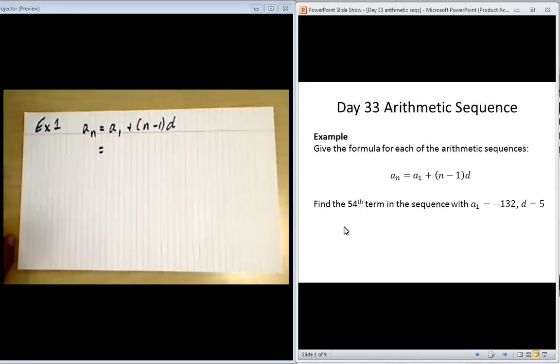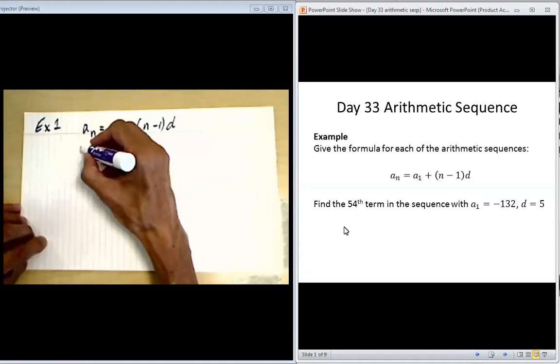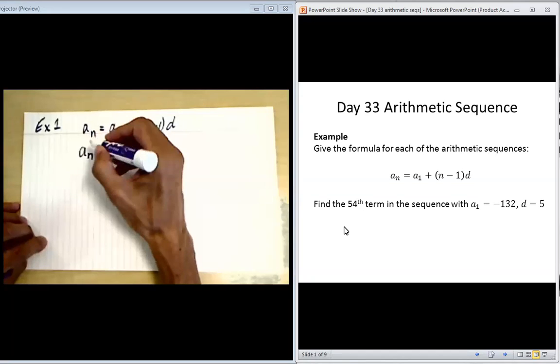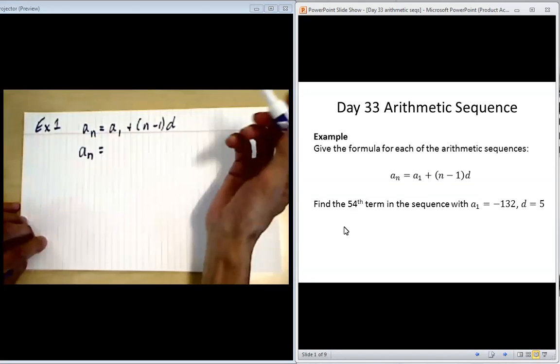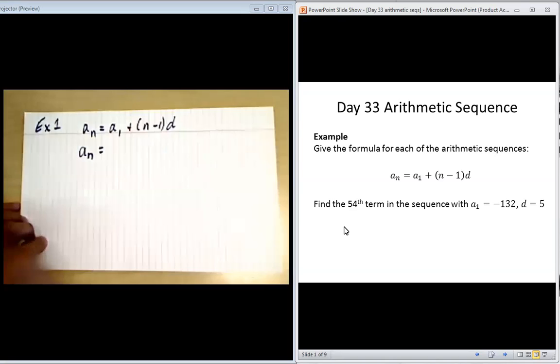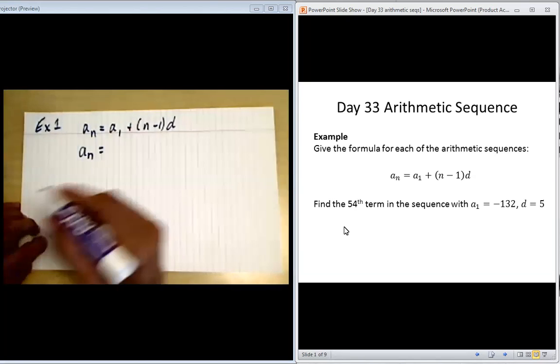Yeah, exactly. From class, they said put in the number for D and then open the brackets, right? Sounds good to me. So AN is going to stay because that's what happens with a general term. A1 is, what is that? Minus 132.